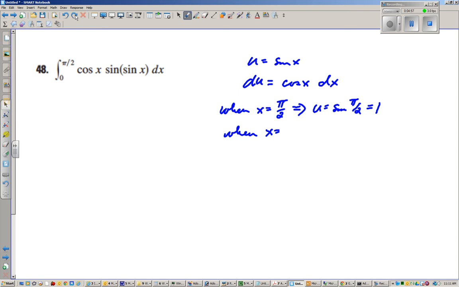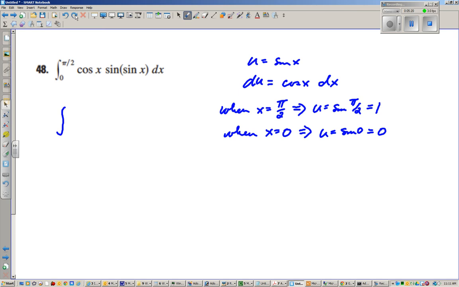And that lower limit in the x problem, over on the left, is 0, so when x is 0, doesn't it suggest that u equals the sine of 0, and the sine of 0 is 0? So now it seems to me that I have enough information to write my problem in u.